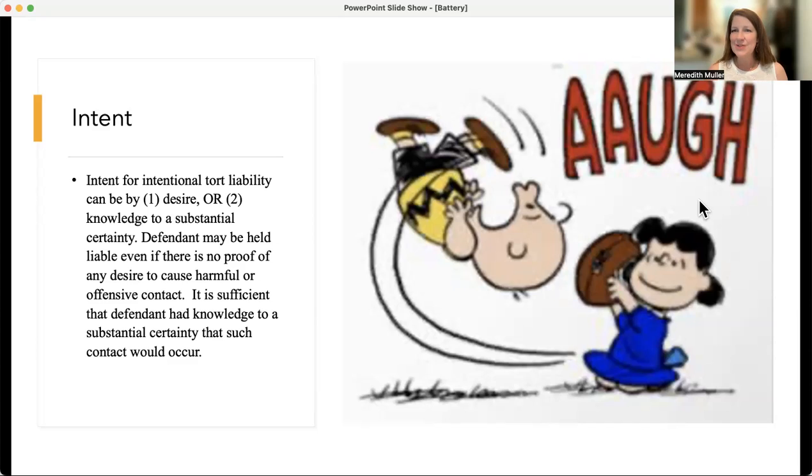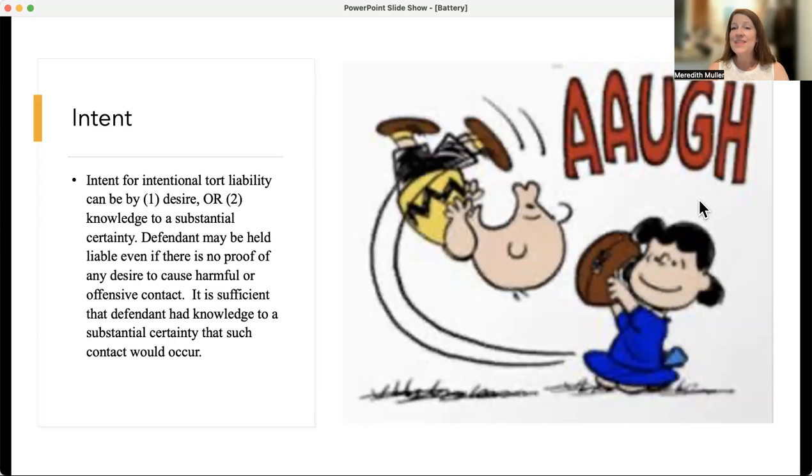That landing on the ground is the contact. So if she did not desire for him to hit the ground, she at least knew to a substantial certainty that he would try to kick the ball and fall to the ground. So she had knowledge to a substantial certainty that Charlie Brown would have contact with the ground.